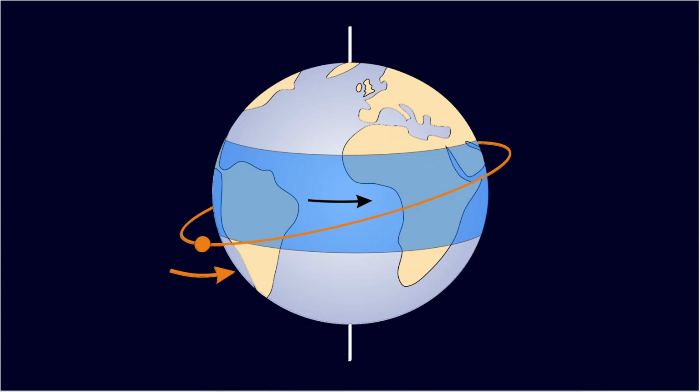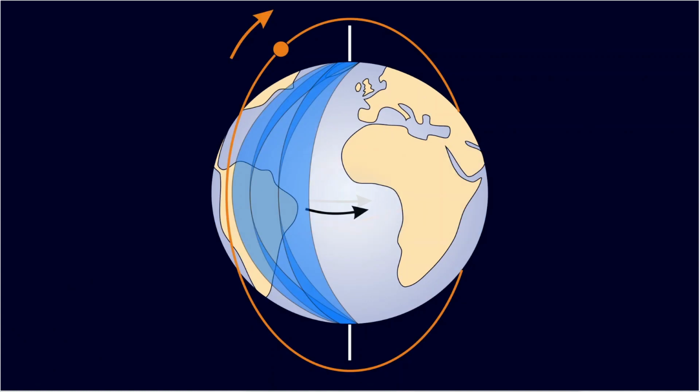From this, it becomes clear that the larger this angle is, where this orbit is tilted towards the equatorial plane, the larger is the area the satellite can observe in whole. And the extreme case then are so-called polar orbits.